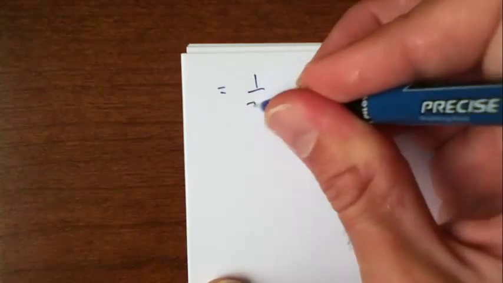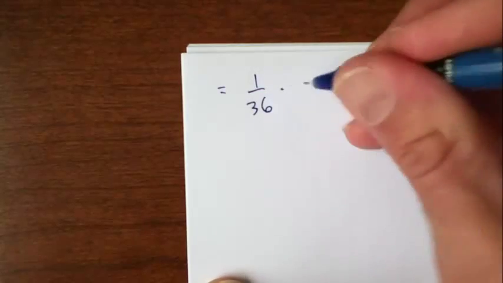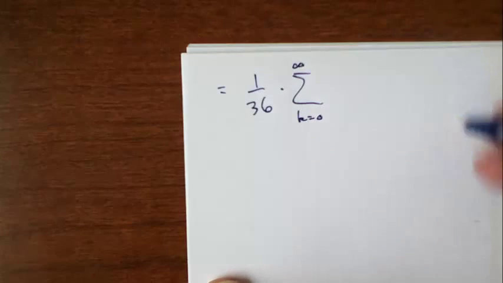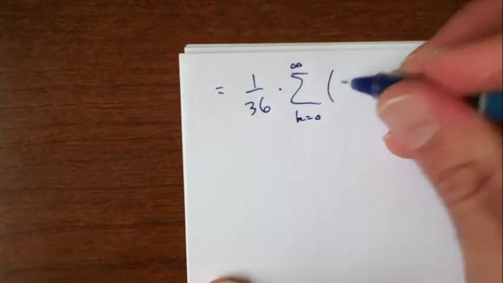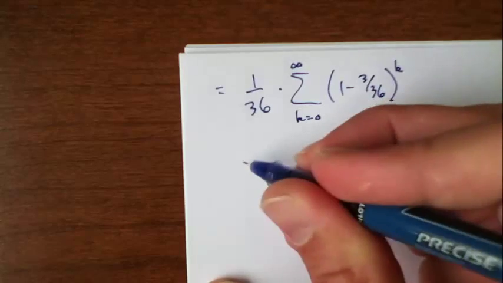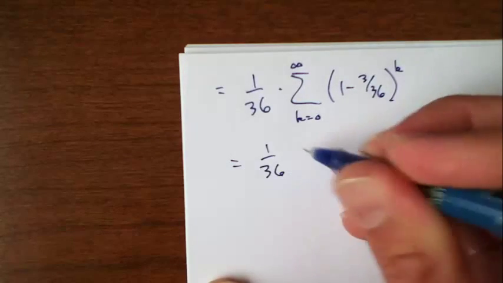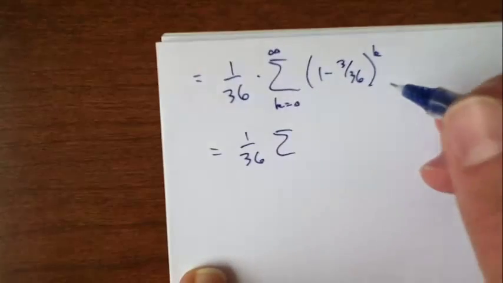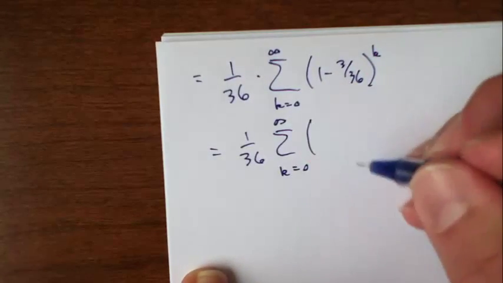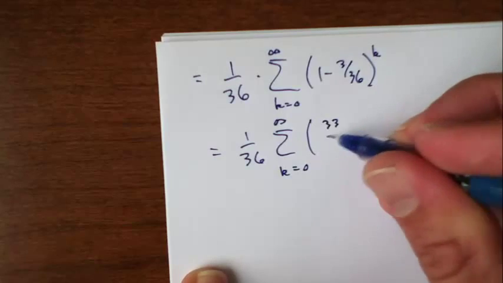Now, I can pull that 1/36 out. I'll have this sum, k goes from 0 to infinity of 1 minus 3 out of 36 raised to the kth. Real quick, what's 1 minus 3 out of 36? 33 out of 36.